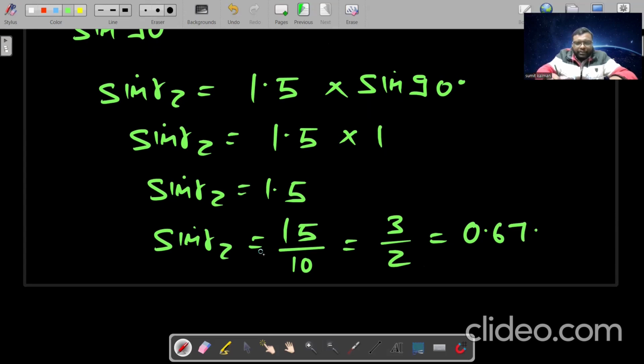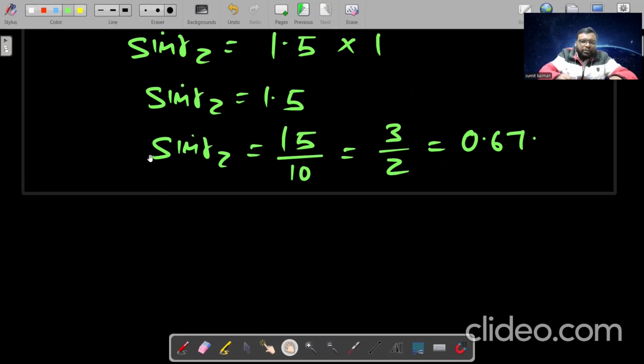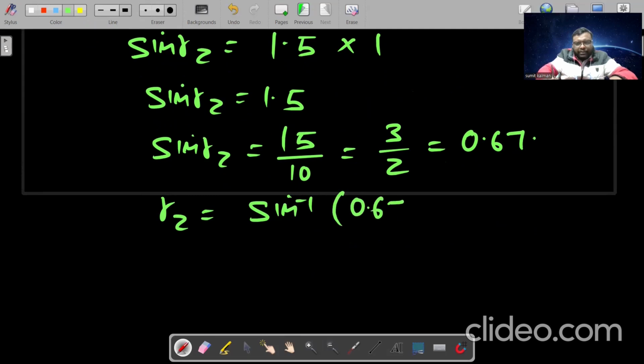And students, R2 is equal to sine inverse 0.67. And if you calculate this, I'm calculating it with the help of a scientific calculator.